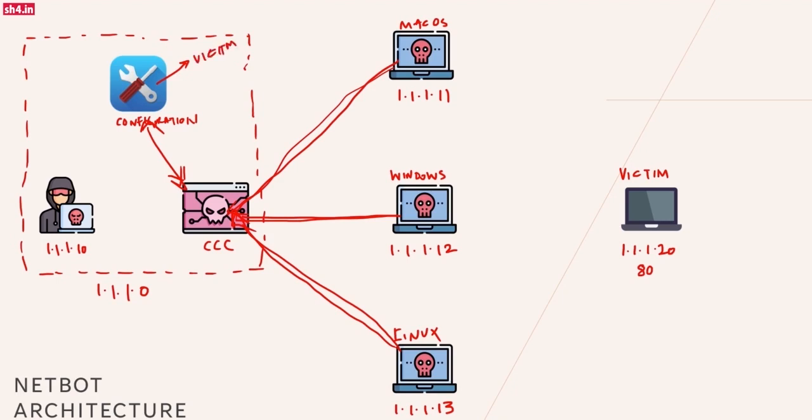Victim IP is 1.1.1.20. Victim port 80. Attack type HTTP flood.